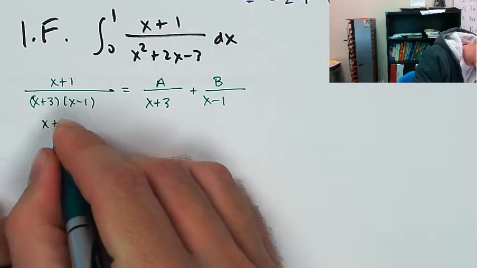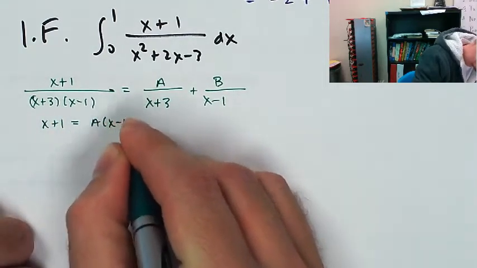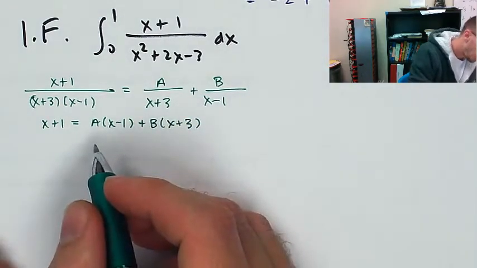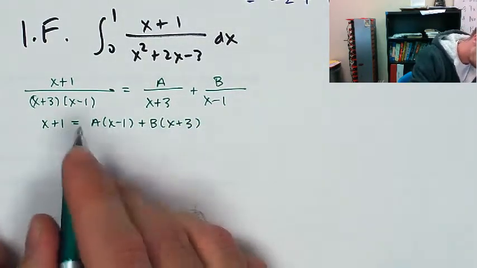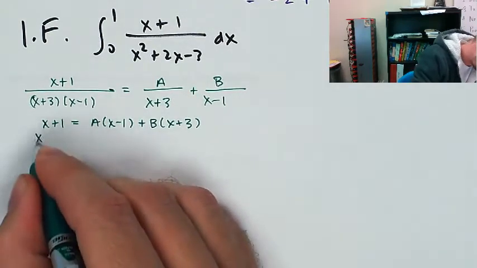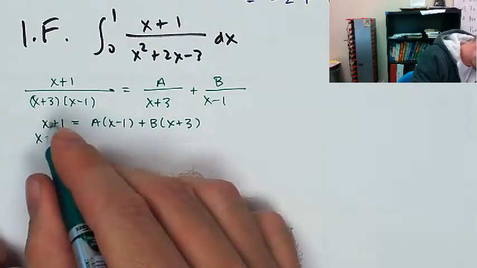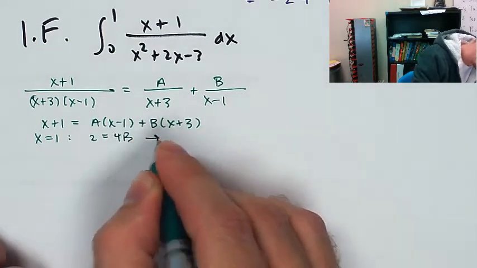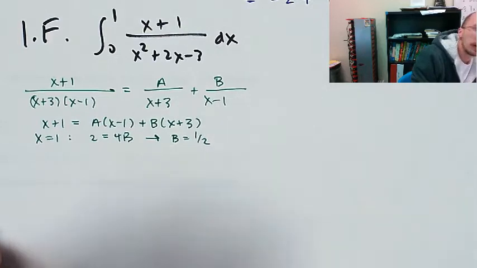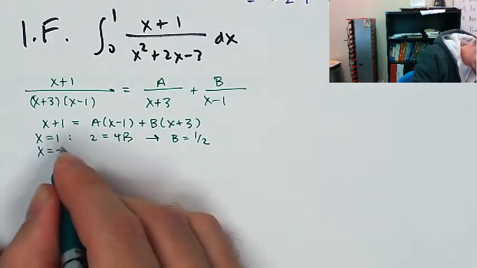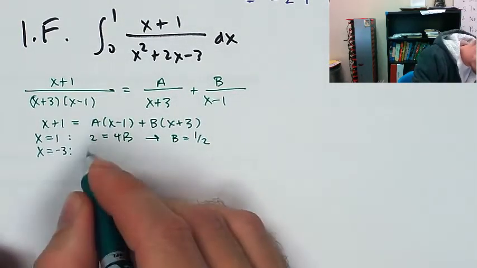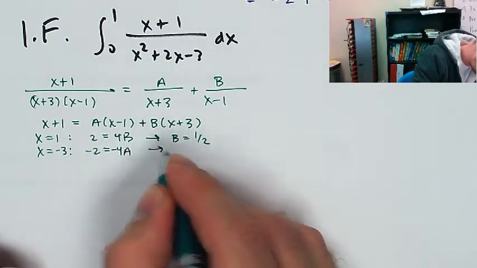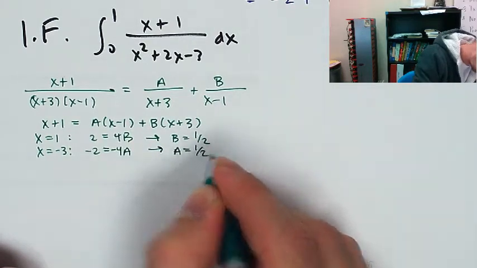I'll say x plus 1 is equal to a times x minus 1 plus b times x plus 3. Then when x is equal to 1, I've got 2 equaling 0a plus 4b. And when x is equal to negative 3, I'll have negative 2 equaling negative 4a, which gives me a is equal to also half.